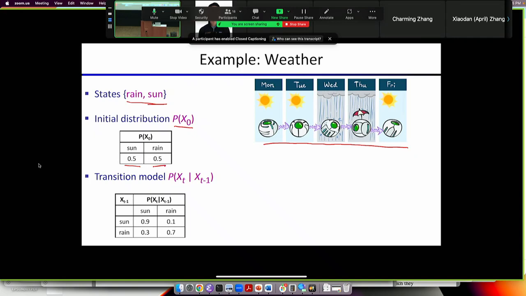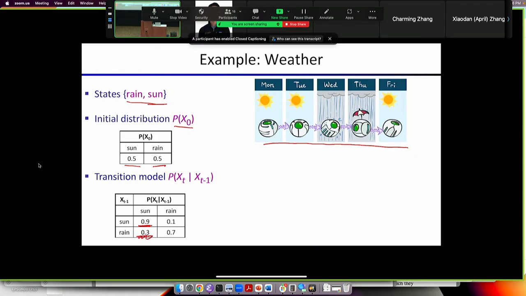The transition model, obviously there's more to the real world of weather than rain and sun. There's more than Boolean state, but if we are going to oversimplify and say the state is Boolean, then we would expect that sun persists for a while. So when it's sunny, it stays sunny with probability 0.9. When it's rainy, it stays rainy with probability 0.3.